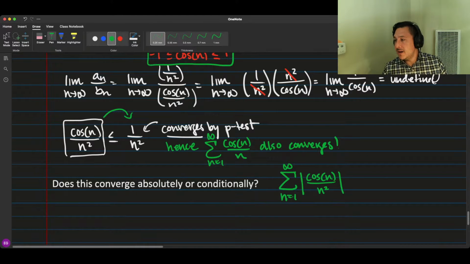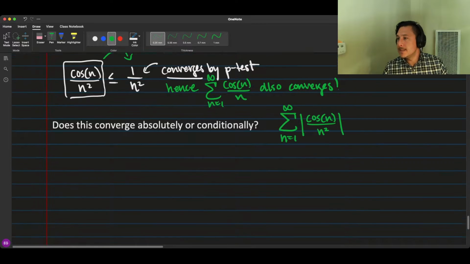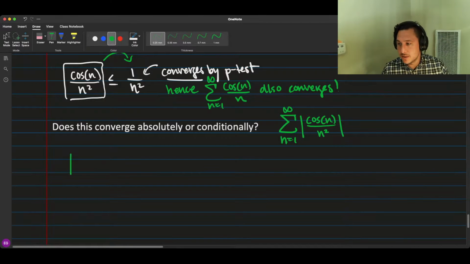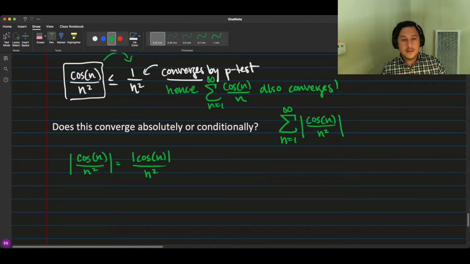Now here's the interesting thing. What we did before is still going to work here. Because the absolute value of cosine n over n squared is equal to the absolute value of cosine n over the absolute value of n squared, which is just n squared. And what can you say about the absolute value of cosine n? That's still less than 1.